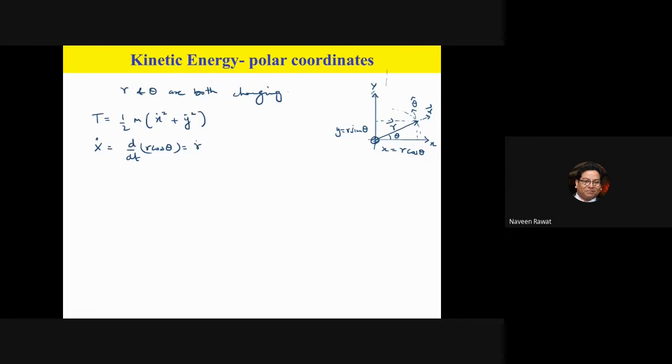My first expression will be r dot cosine theta, keeping theta constant. Then I keep r constant and take the change in the cosine angle. When I change the cosine angle, I will have minus sine theta, and I'll have d theta by dt as well. So I have a theta dot as well.